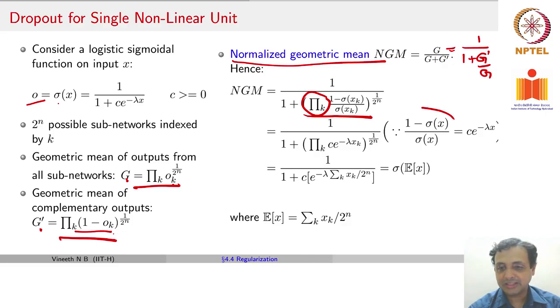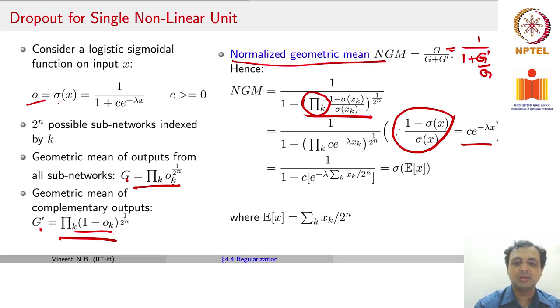Now, 1 minus sigma of x by sigma of x is equal to C e power minus lambda x. Let's leave that as an exercise for you to work out, but that comes by simple substitution of terms using just sigma of x. Just substitute those terms and you'll find that this is the answer. So that's what we are replacing here.